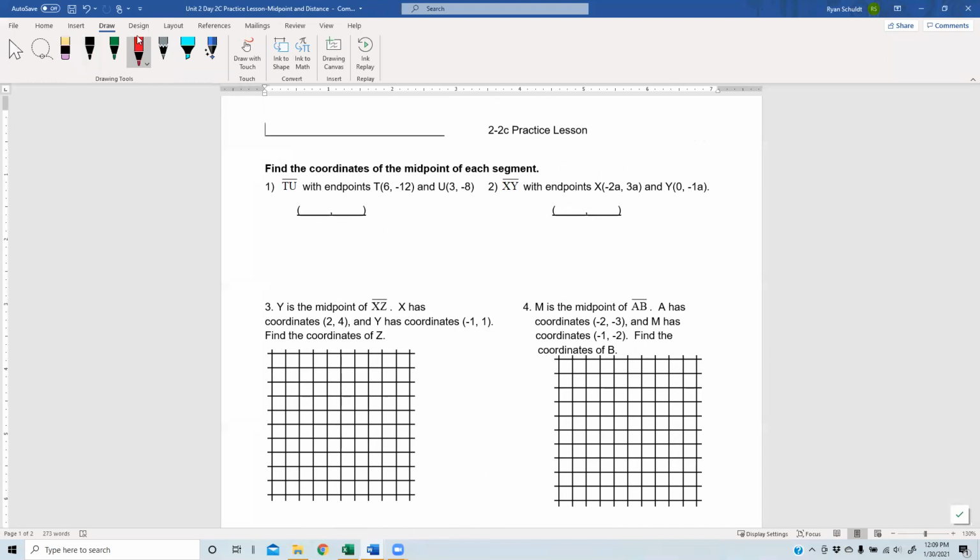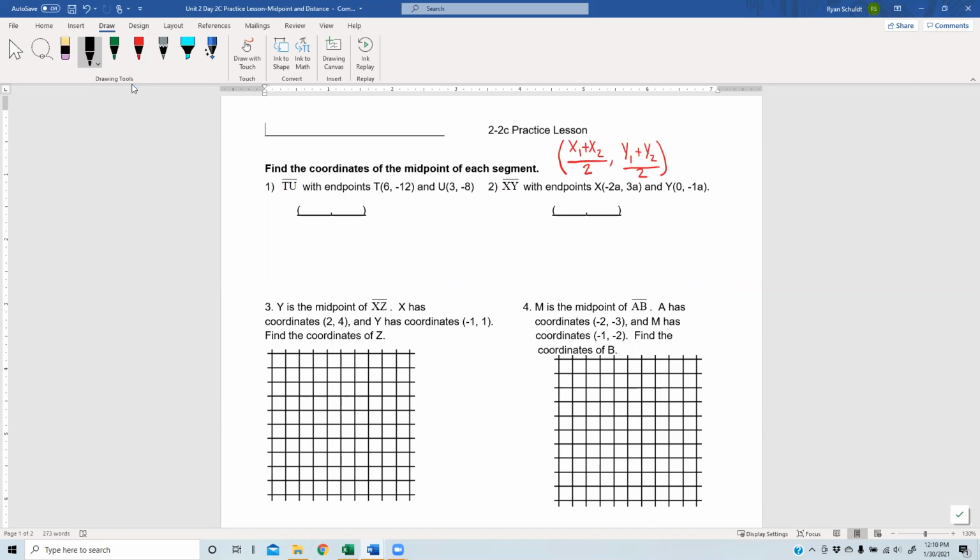The formula is x1 plus x2 divided by 2 for your x's, and then y1 plus y2 divided by 2 for your y's. Okay, so with that formula in mind, let's look at number 1.